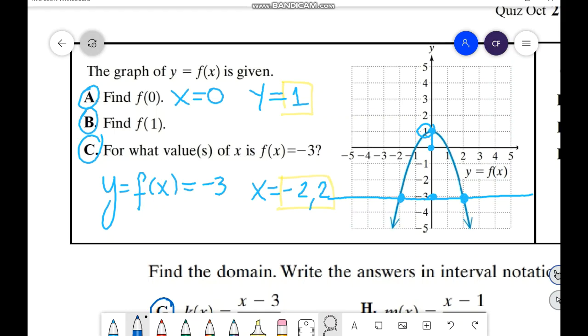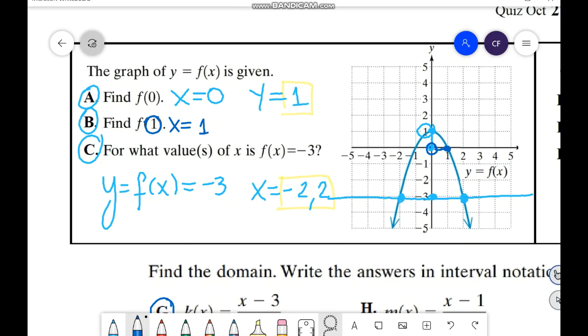On B, we're going to have x equals 1. So go to the graph, and x equals 1 is this point right here. It's a point that's actually intersecting the graph already, it's intersecting the function. So you check the coordinate of this point.